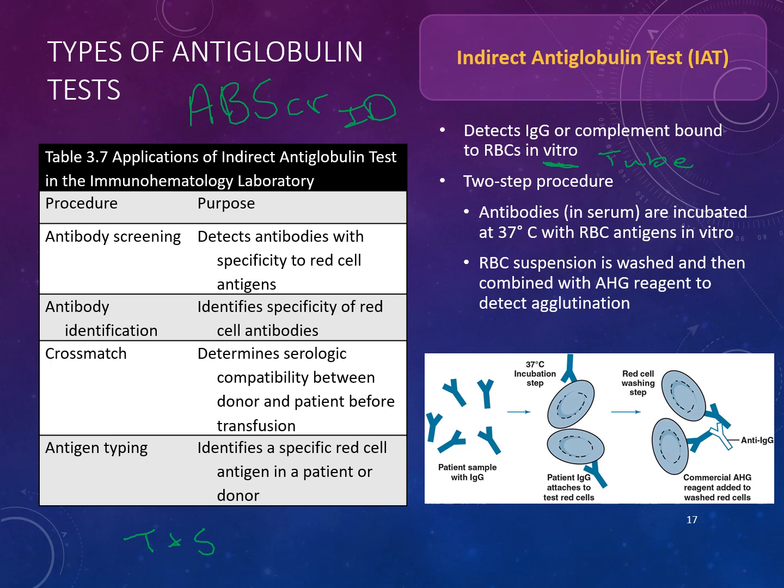You've already done that indirect antiglobulin test. If you ever hear anybody referring to an indirect antiglobulin test, it's basically your antibody screen. Additionally, the cross-match and antigen typing are part of an indirect antiglobulin test, because you take them all the way through that antiglobulin phase of testing.